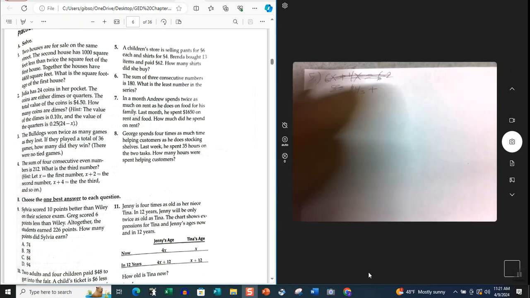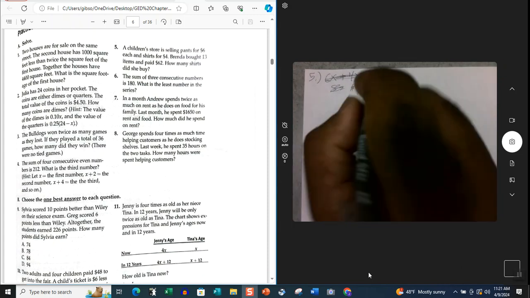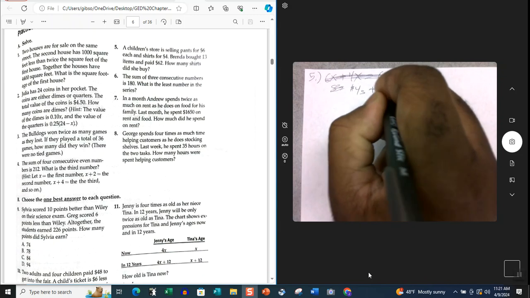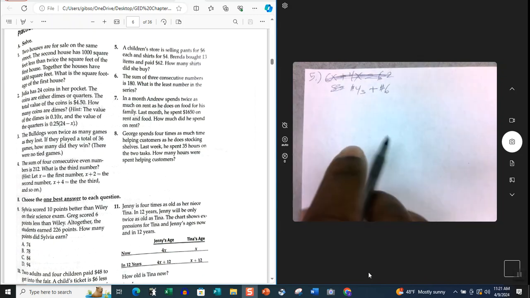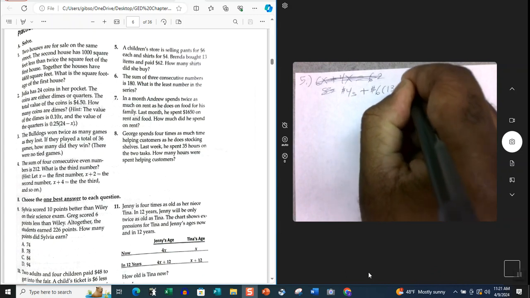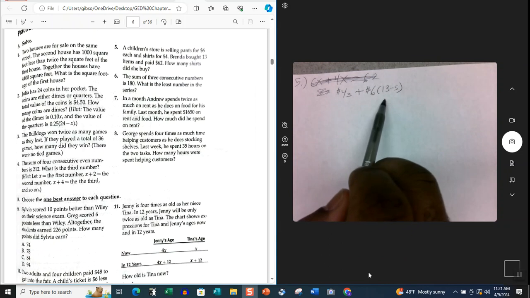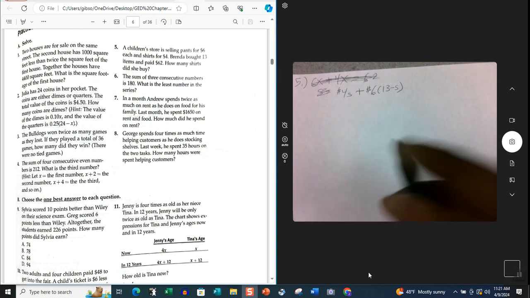But then we would have to add the fact that the pants is $6. But in order for us to know how many pants there are, we would have to take the 13 items minus the shirts. Because remember, it's a total of 13 items with shirts and pants. And this was supposed to equal $62.